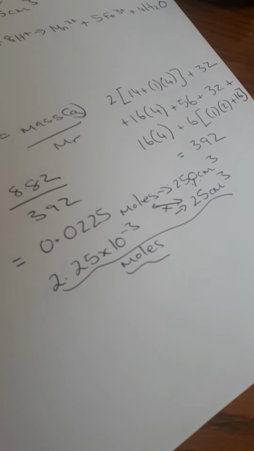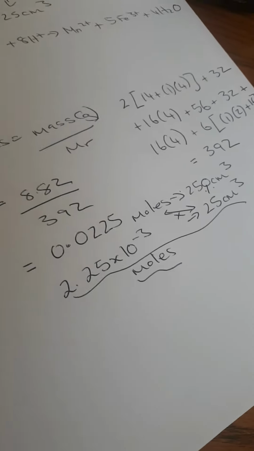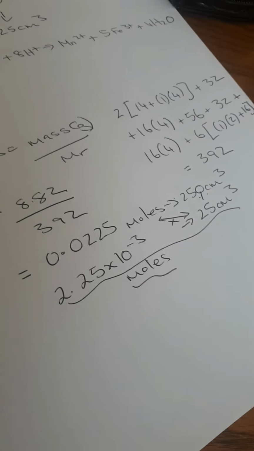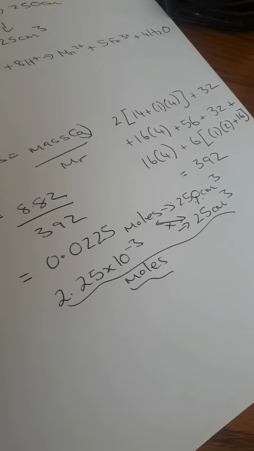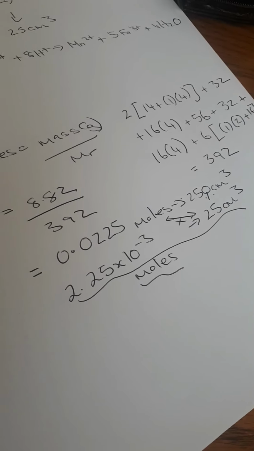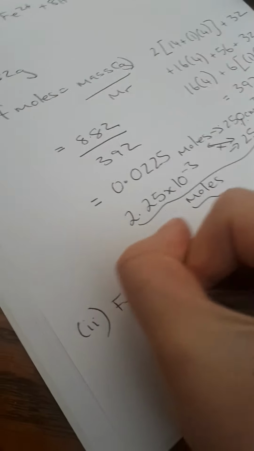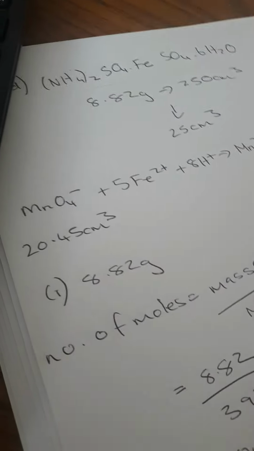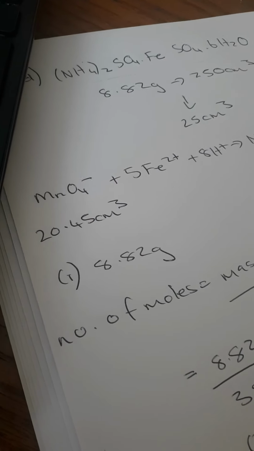Next question, we're asked for the number of moles of potassium permanganate required to oxidize this quantity of Fe2+. I have worked out my amount of Fe2+, and I'm going to set that up with a ratio of MnO4-.